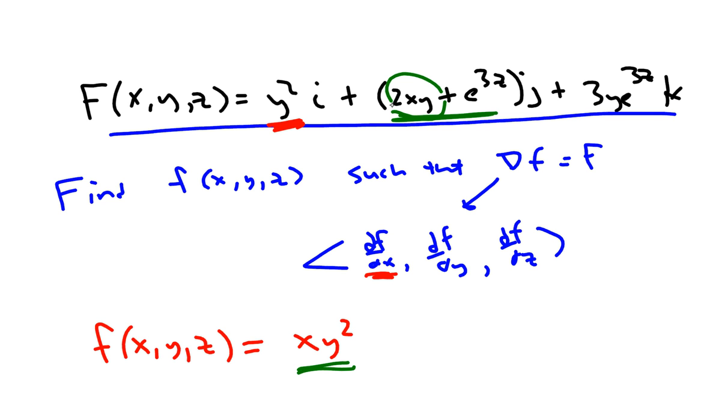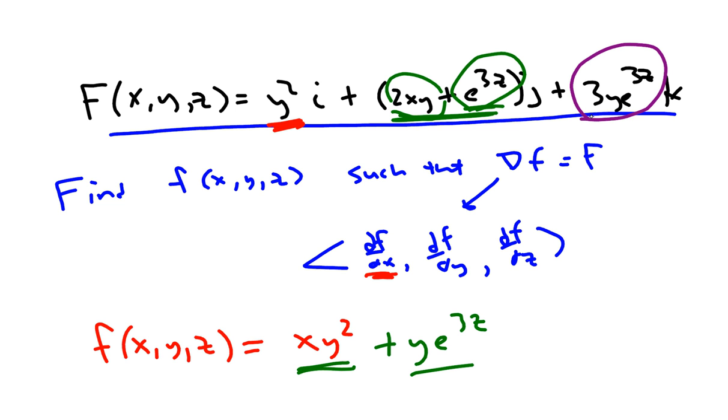But we need to get this thing, the derivative of something with respect to y has to be e to the 3z. So we must have a plus y e to the 3z, because if we took the derivative of this with respect to y, we would get this e to the 3z. And then lastly, this last term needs to be the derivative with respect to z.